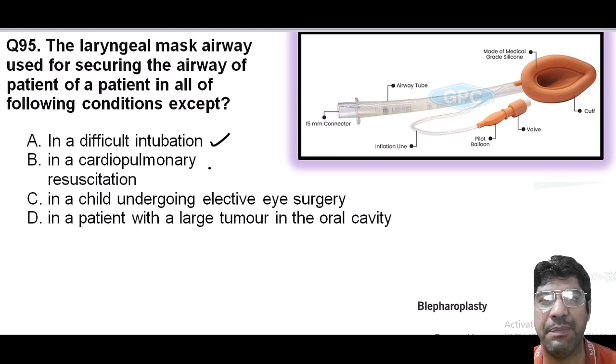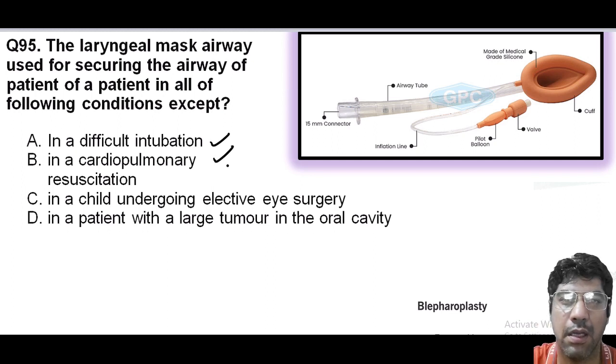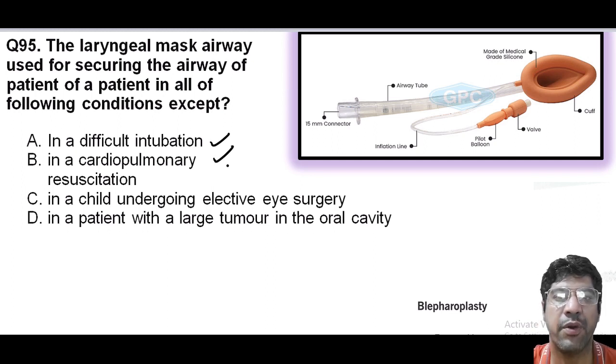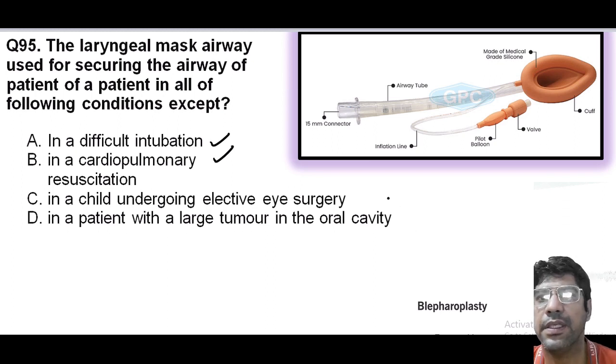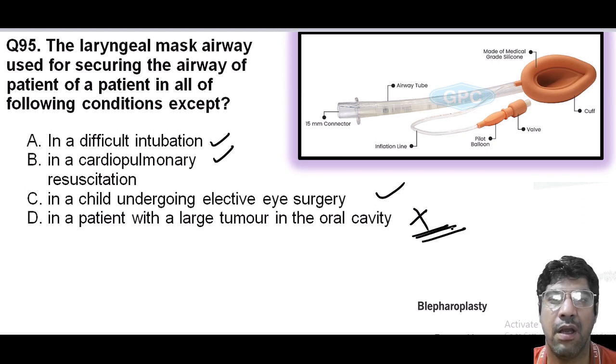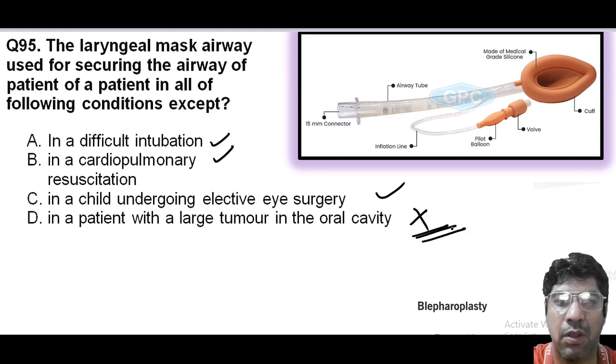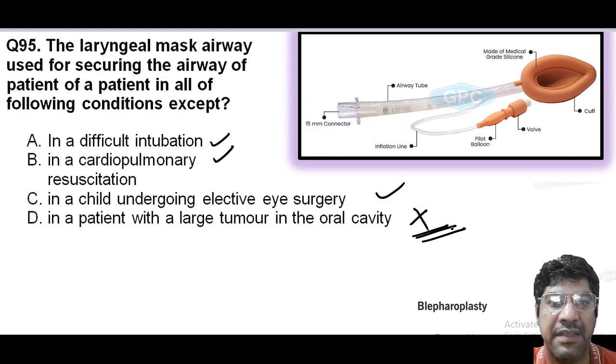It is used during CPR to establish a patient airway and assist with ventilation when intubation is not feasible. It can be used for securing the airway in pediatric patients undergoing eye surgery. It may not be suitable for patients with large oral tumors. In such cases, airway management techniques like tracheostomy or fibro-optic intubation may be considered.